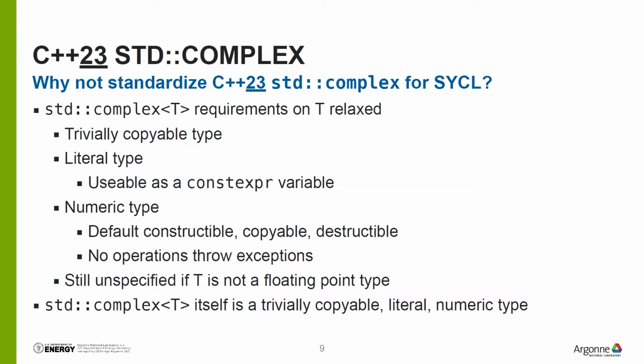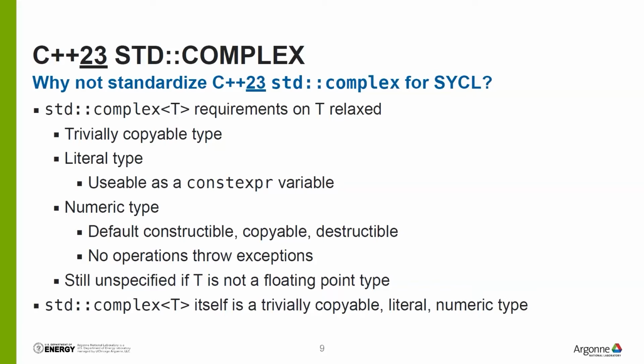Well, why not C++23? Because there were a few little changes in 23. It is now guaranteed to be a trivially copyable type. T must be a trivially copyable type, must be what's called a literal type, and roughly that means it can be used in constexpr. And it must be a numeric type, meaning it has to be default constructible, copyable, destroyable, and none of its operations can throw exceptions.